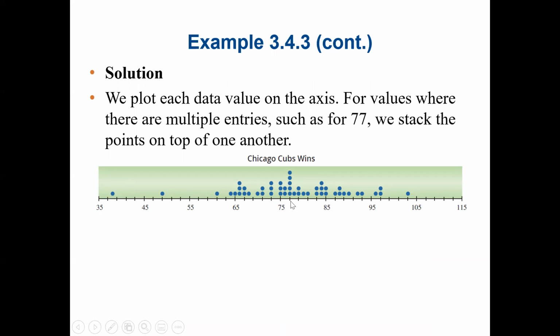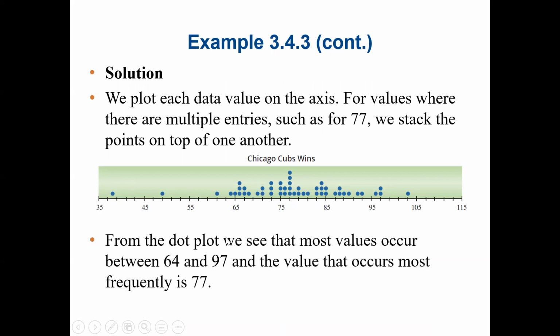Where we have a lot of points, 1, 2, 3, 4, 5, this will be a value of 76, 77, 78, 79. No, that would be 77 points. So each point will represent a value. From the dot plot, we see that most values occur between 64 and 97. So somewhere around 64 to 97 is where most of the values are.